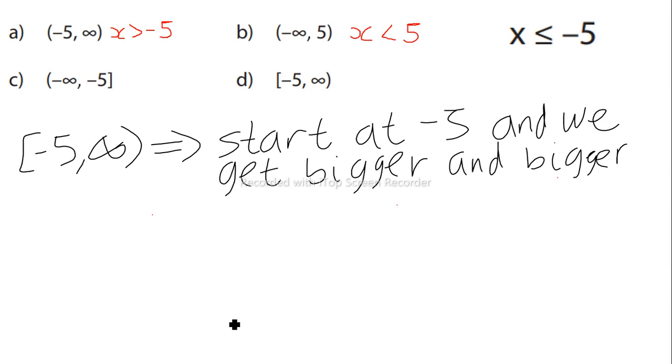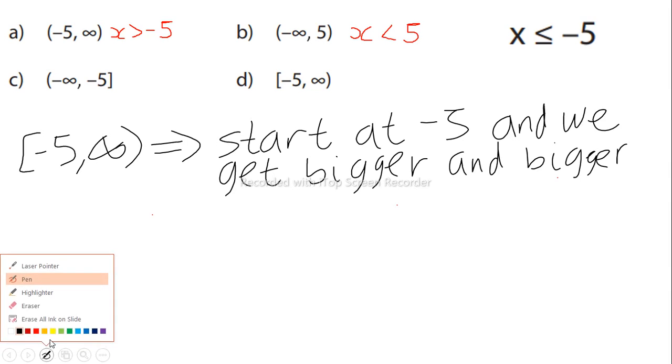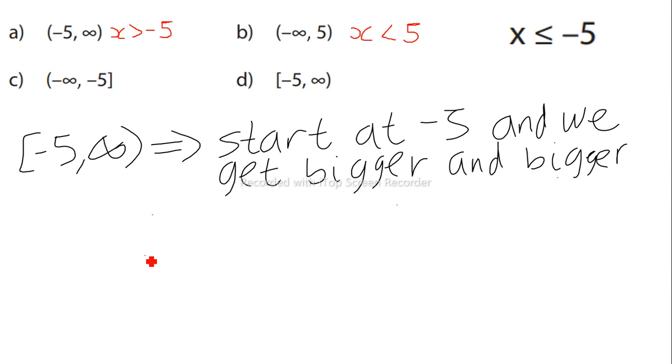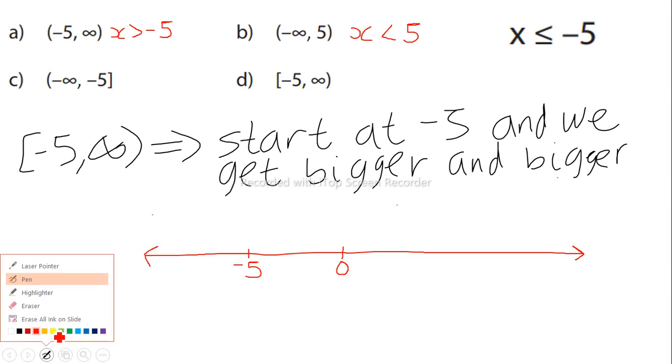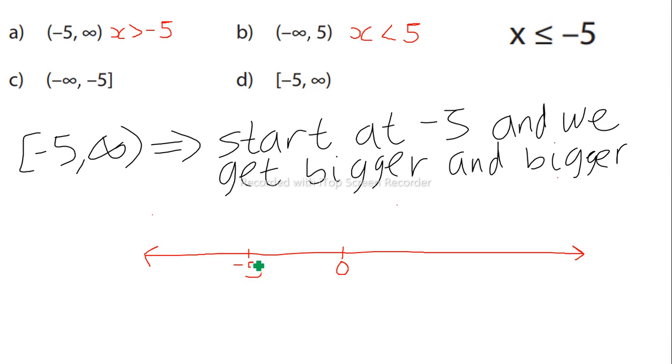And so what that means, if we were to graph that on our number line, is the following. We're going to start at -5. This is 0 here. We start at -5 and get increasingly larger.